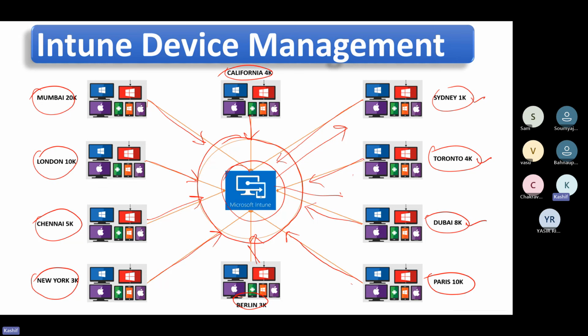You can restart the devices. You can factory reset devices. You can deploy updates to the devices. You can send policies to the devices. You can send compliance settings, configuration profiles, and scripts. There are various things which you can do. So you will have complete control on the devices, no matter where the device is located, as long as the device has an internet connection.